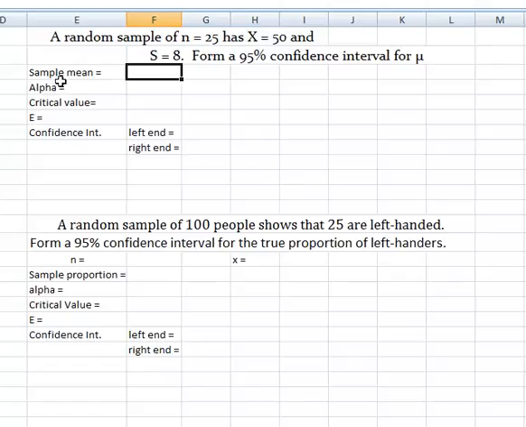So now let's follow the procedure. Step 1, we want to get the sample mean. In this case the sample mean is given, 50, so we put 50.